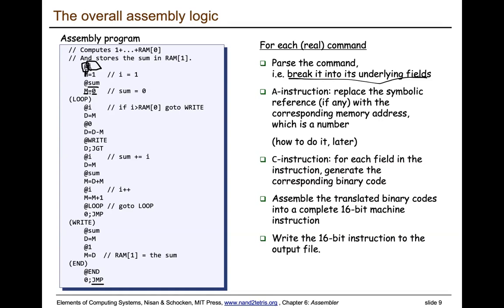So this is the whole thing for the assembly. If you build assembly code, each command you will read and separate, and based on the instruction, you do the translation, and then you write to the output files. I think two groups will do assembler, right?